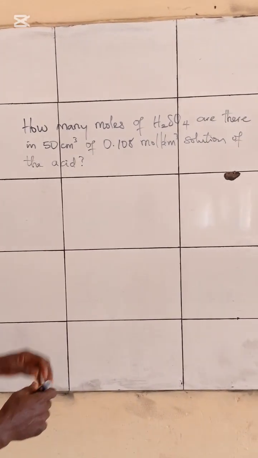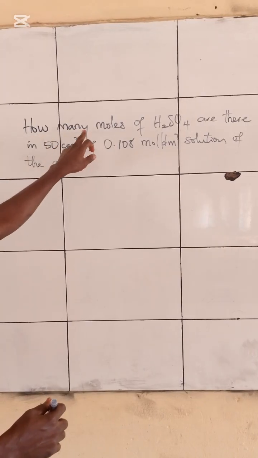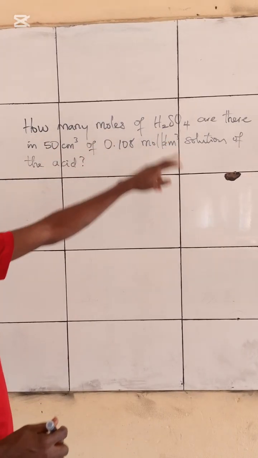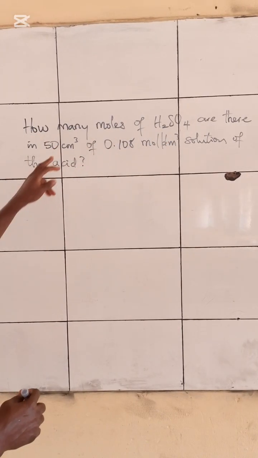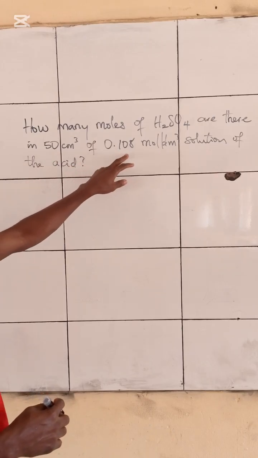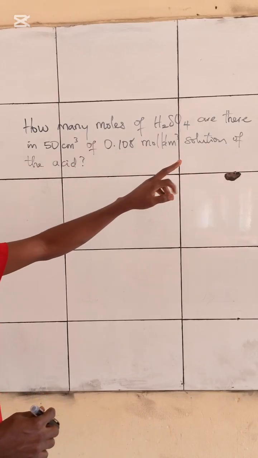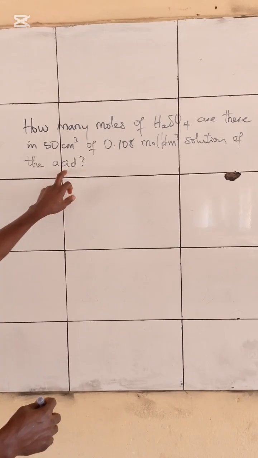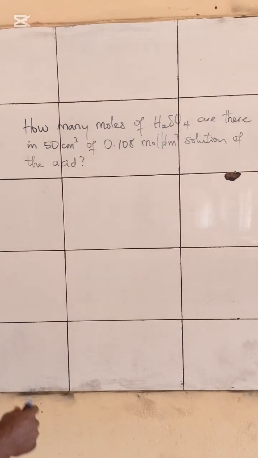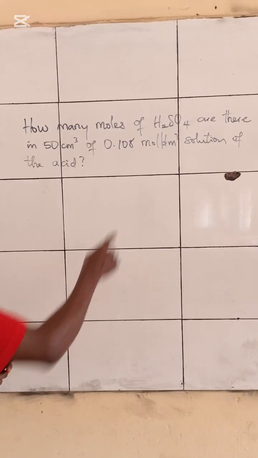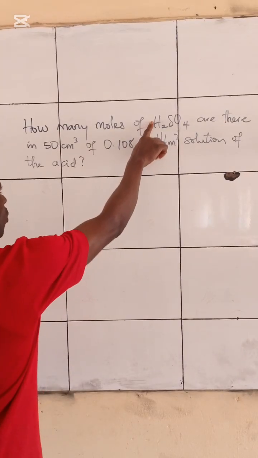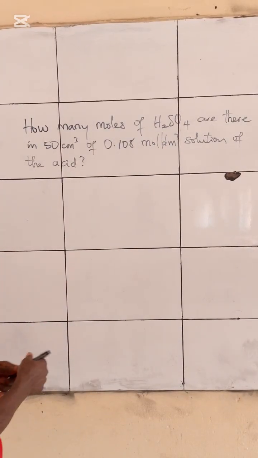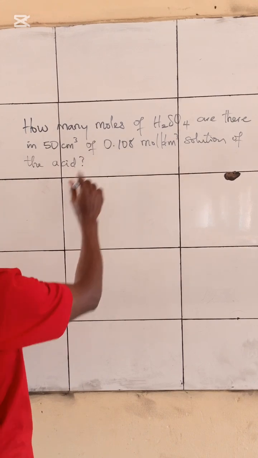So we have to assume that, as the question says, how many moles of H2SO4, you were not given any number of that H2SO4, so imagine it to be 1. So we are given the other one in mole per dm cube. Alright, so that H2SO4 supposedly is to be 1 mole.